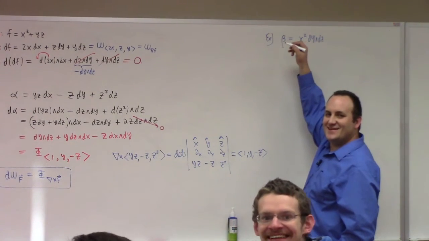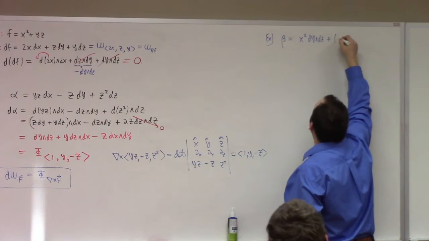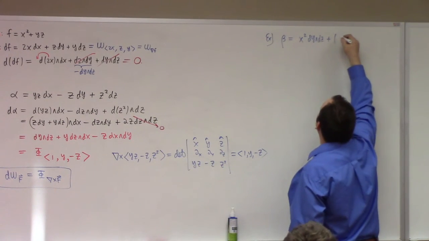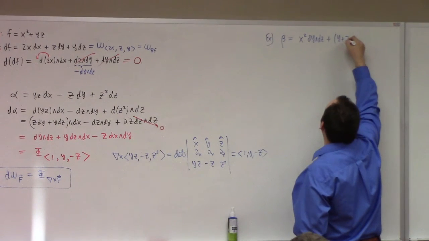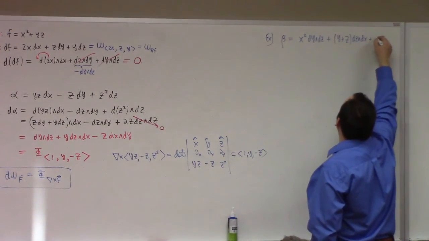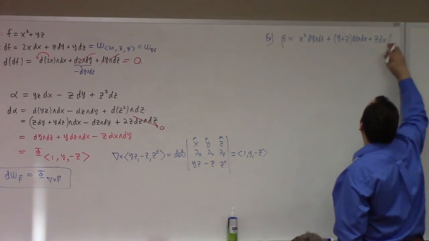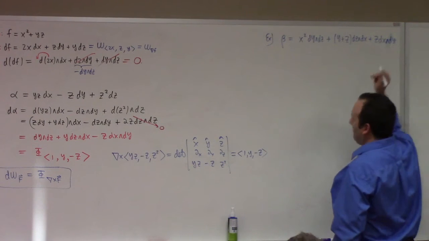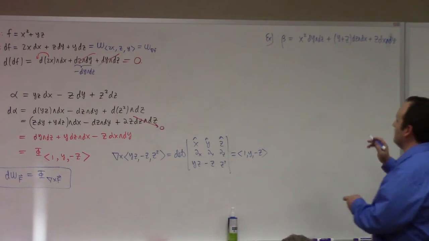Oh, it's okay. I was like, what happened to the camera? Okay, so y plus z dz wedge dx and plus z dx wedge dy. Okay, fine. Oh man. All right, I gotta get with it here.